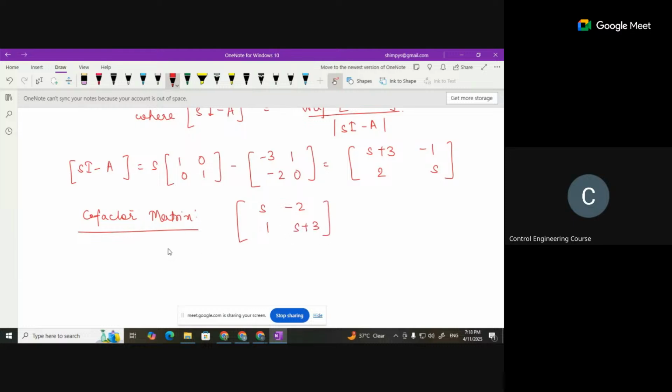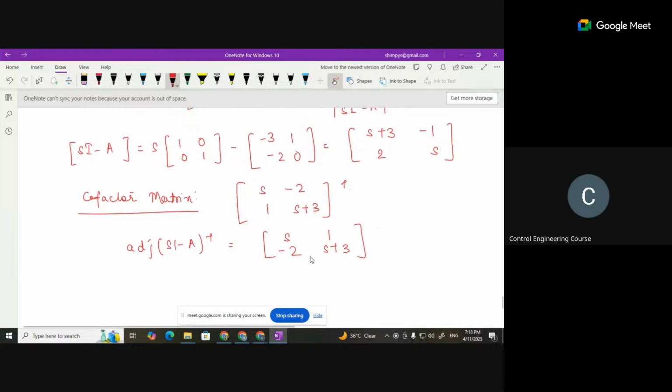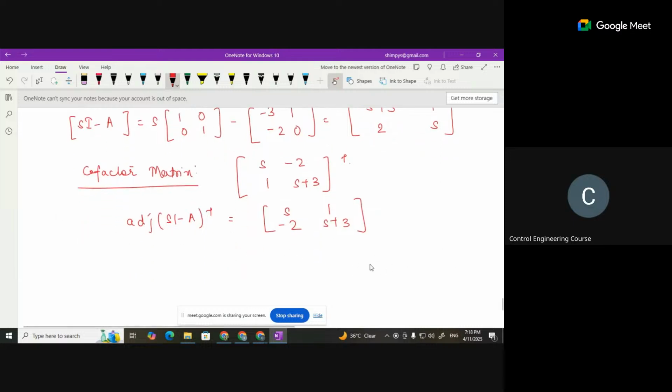And the adjoint will be the transpose of this. So it will be s, 1, minus 2, s plus 3. All of you know how to find out the cofactor matrix and then transpose. Everyone knows this, right? Okay.